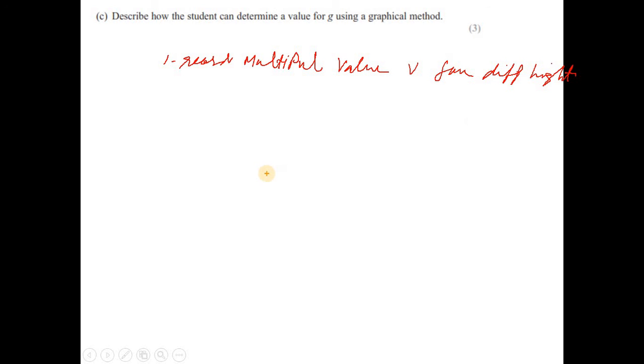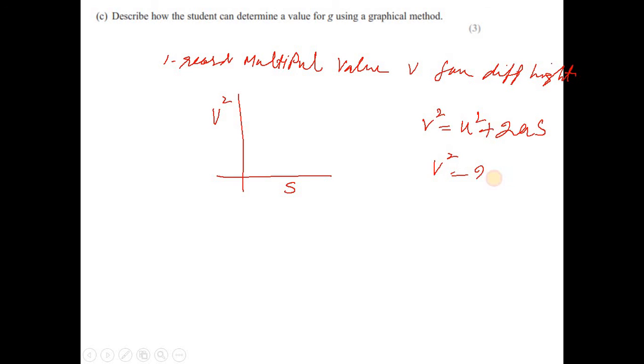And then you will have to plot a graph of v squared against the height or the distance. Why am I doing v squared against s? Because the student is using the equation v squared equals u squared plus 2as, and u is 0, so v squared equals 2as.